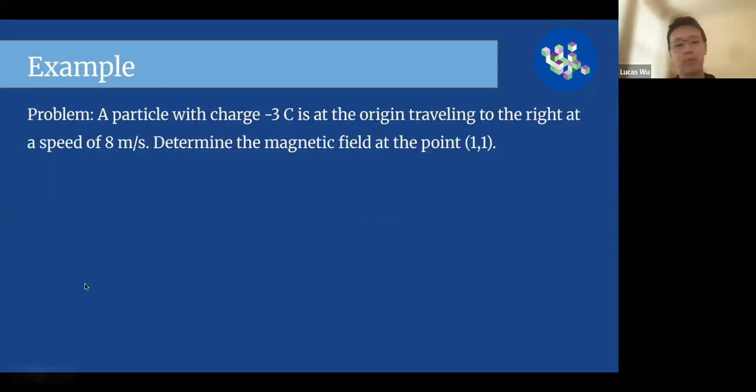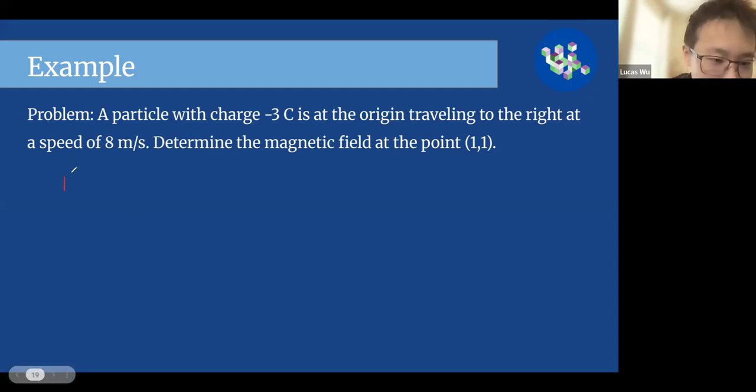All right, here's a problem. A particle with charge -3 coulombs is traveling to the right at a speed of 8 meters per second. Determine the magnetic field at the point (1, 1). Let me write down the formula for the Biot-Savart law for you.